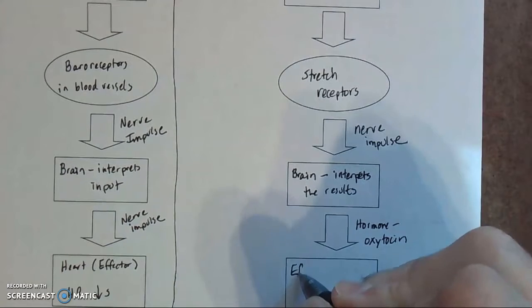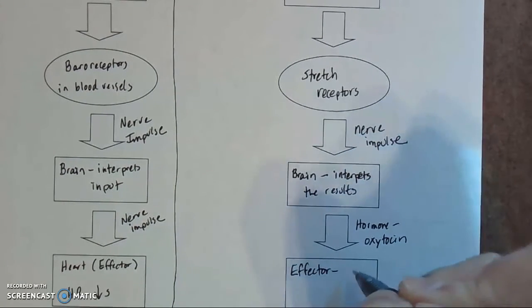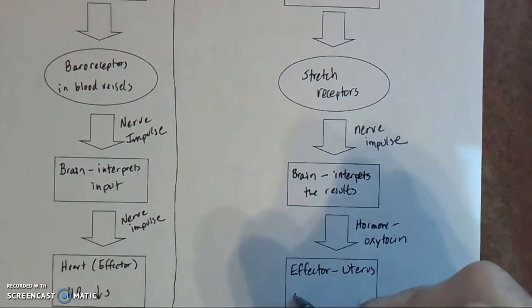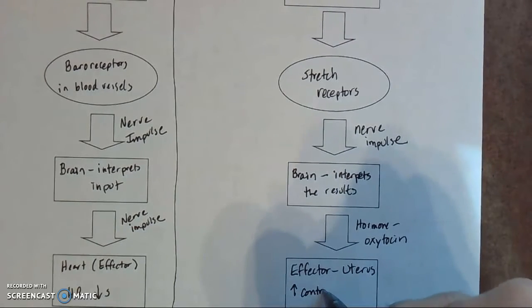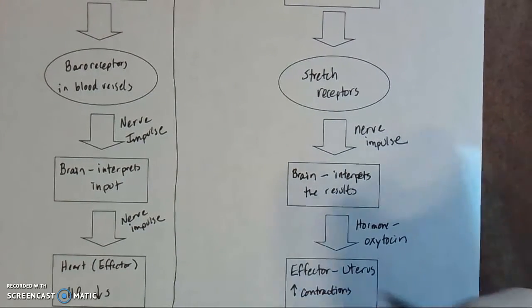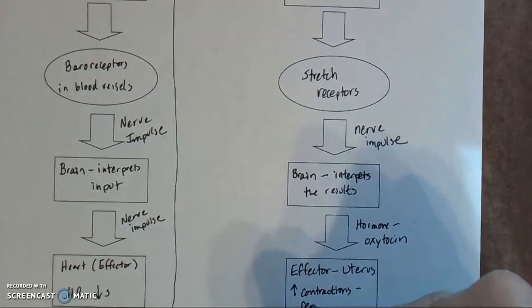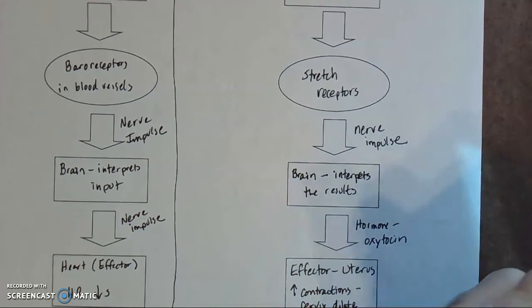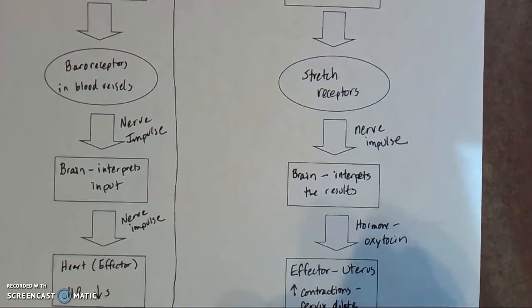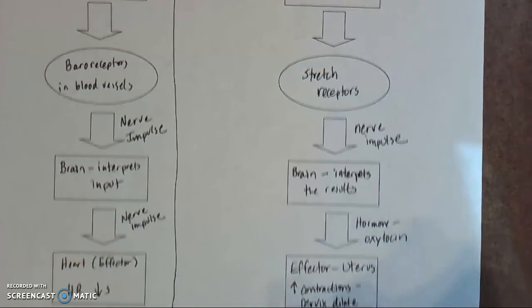So the effector is the uterus. And what it does is it increases the contractions. So it squeezes the uterus even more, and that causes the cervix to dilate, or the opening gets bigger. Well, that increases the cervix opening, which means it stretches.